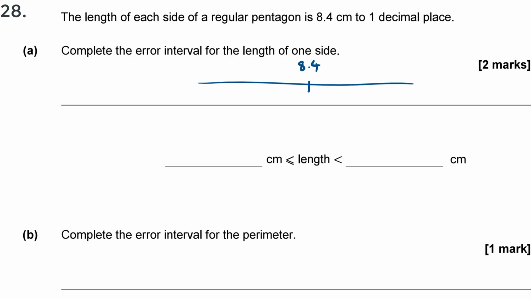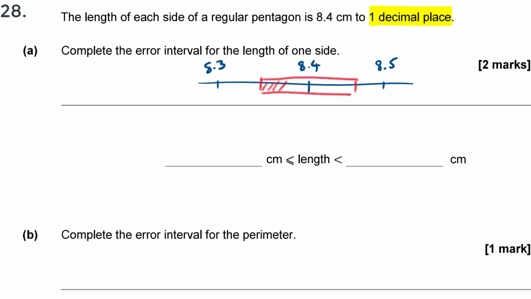So if this was going up in 1 decimal places, then the next decimal place up from 8.4 is going to be at 8.5, and the one below it is going to be 8.3. So then the numbers that round to 8.4 are the ones that are going to be halfway between those two, aren't they? So halfway between 8.3 and 8.4 are going to round up to 8.4, and halfway between 8.4 and 8.5 are going to round down.